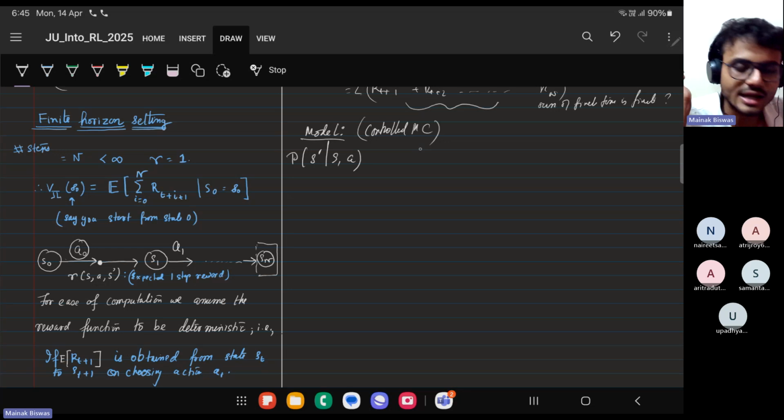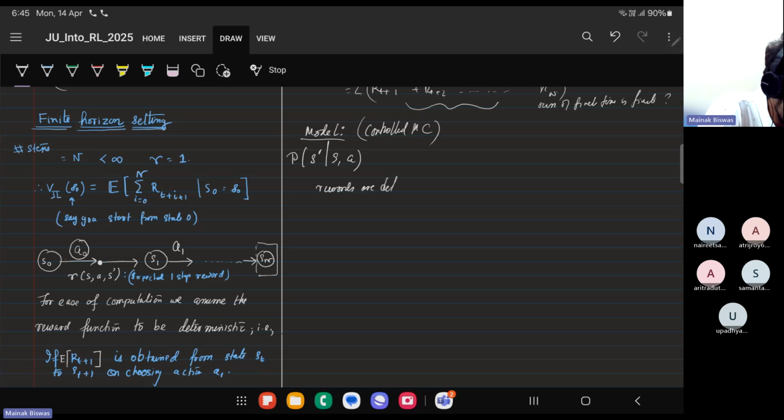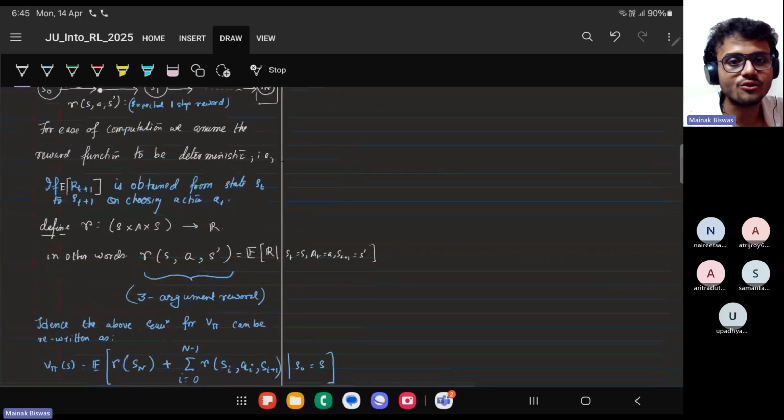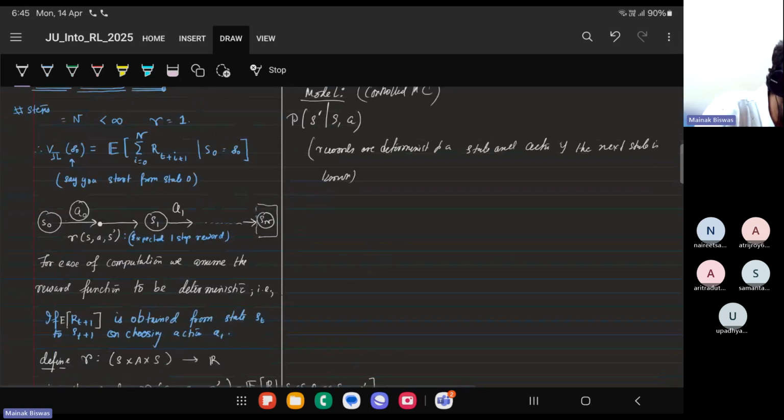Fine. So what I'm trying to say is that the rewards are deterministic for a state and action if the next state is known. Recall in our first class, do you remember this value function?